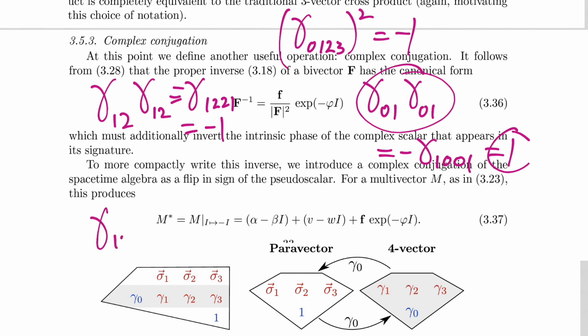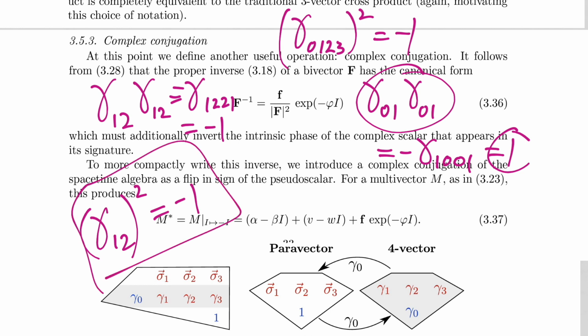So gamma 1, 2 in space-time algebra squares to minus 1. So here's another object whose square is minus 1, besides the pseudoscalar. And it turns out that all of the purely space-like basis vectors have this property, and all of the purely time-like basis vectors have this property. And those are all important.